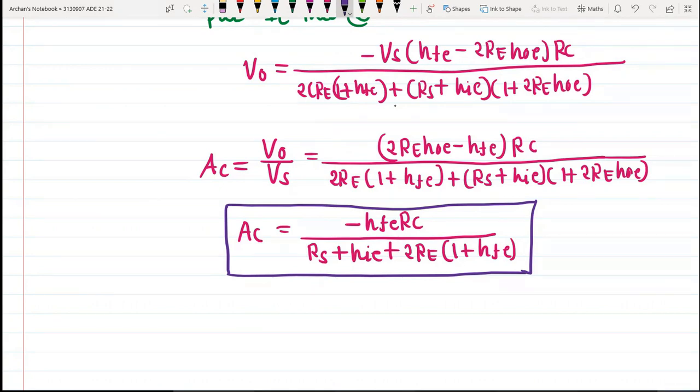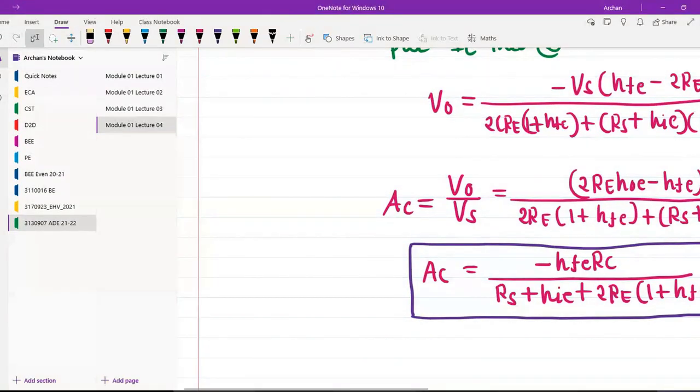Okay, so we are performing two different analyses for finding out the different parameters. For finding out the operating point, we will do the DC analysis, and for finding out the performance parameters, that is gains and input and output resistances, we will perform AC analysis. Okay, so we will stop here. If you have any questions, then you are free to ask.